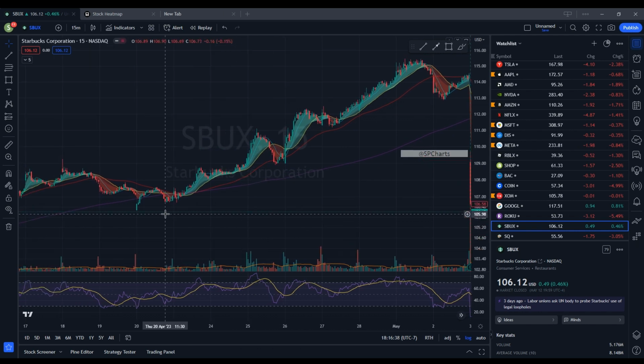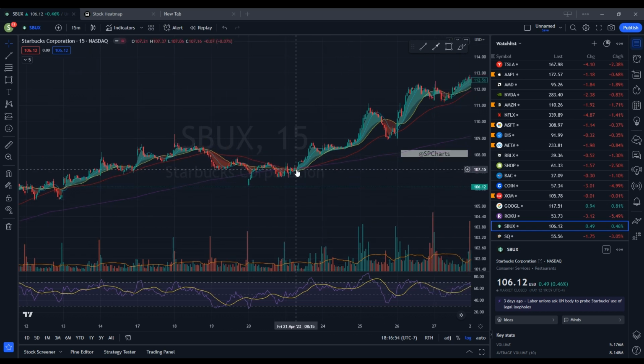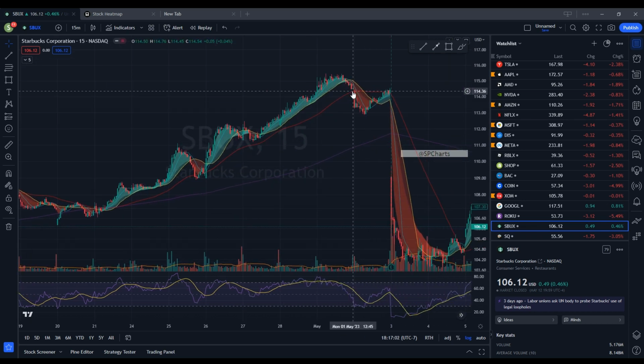This looks like a good stock to kind of match this 50 EMA. So this is what I'm looking at, this red line right here. Bounced, bounced, bounced, dropped, rejected, rejected, popped back up, rejected, bounced back up, never hit, dropped below.